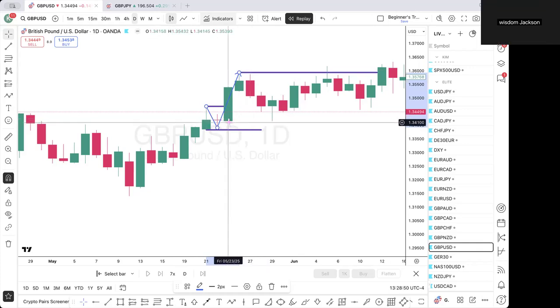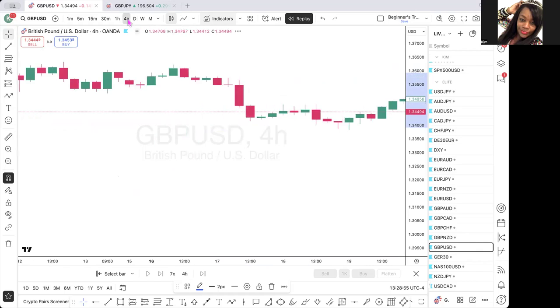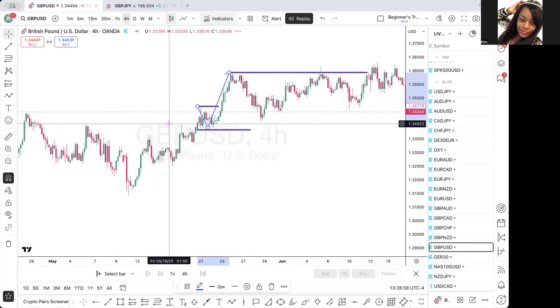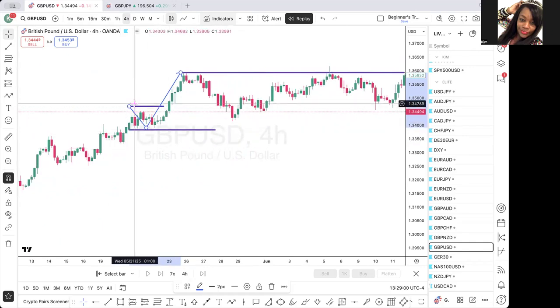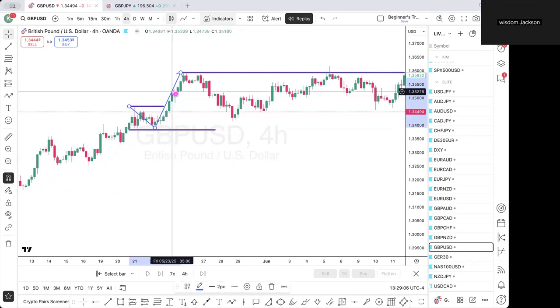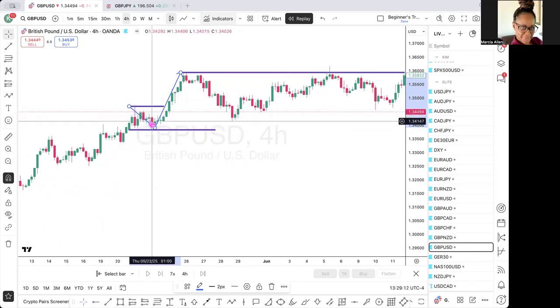Okay, maybe gradually I'll understand it. Gradually. But if you go down to a lower time frame, you will actually see it. That price pushed up, right? Price pulled back, and then price pushed up. So that red candle that was in between there is this push down right here.